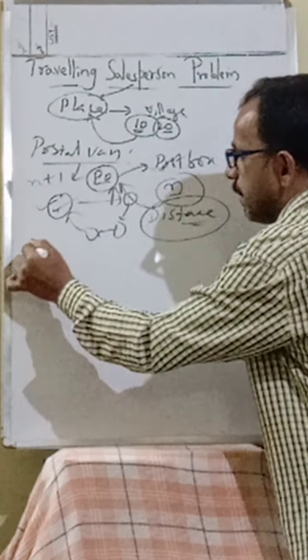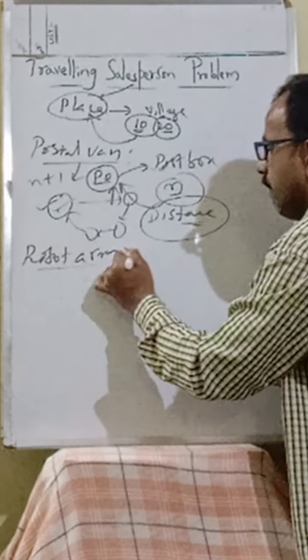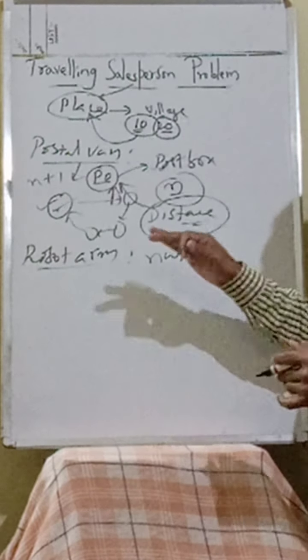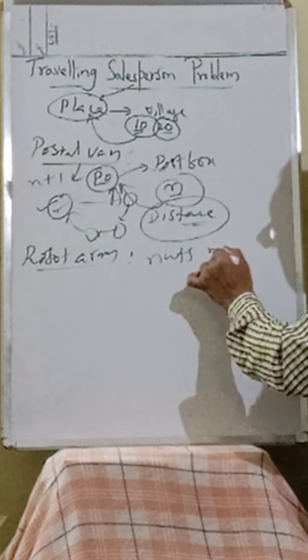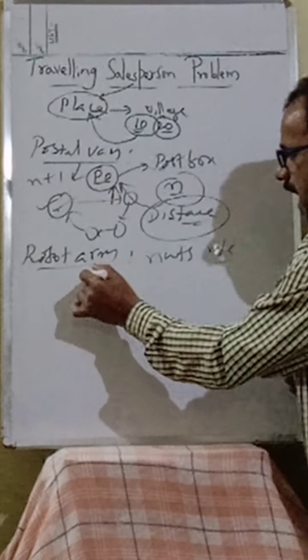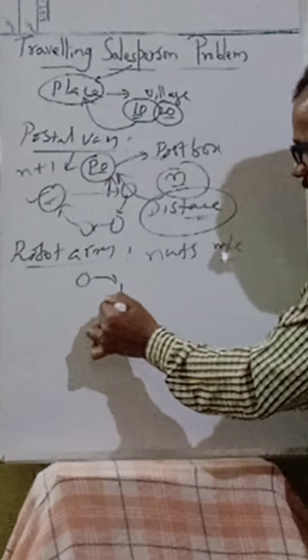I will tell you two more examples, one related to time and another related to cost. The time example is, suppose you use a robo arm for tightening the nuts on machinery, let us assume circular machinery. It starts at the first nut, tightens that nut, and goes to the next nut, like that.